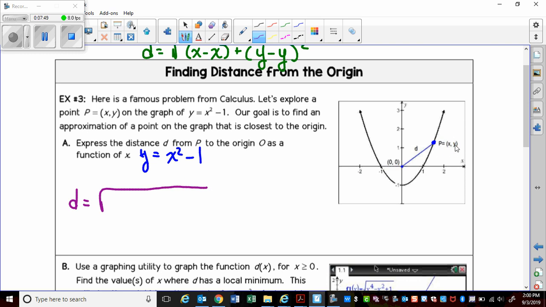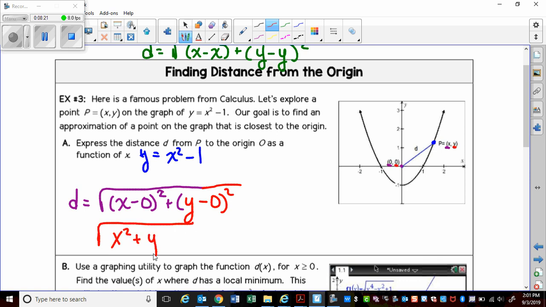This is the square root of x minus the origin, which is 0, squared, plus this value, which is just y, we don't know what it is, minus 0. Y minus 0 is just y, x minus 0 is just x, we still have to square it, so I have the square root of x squared plus y squared.